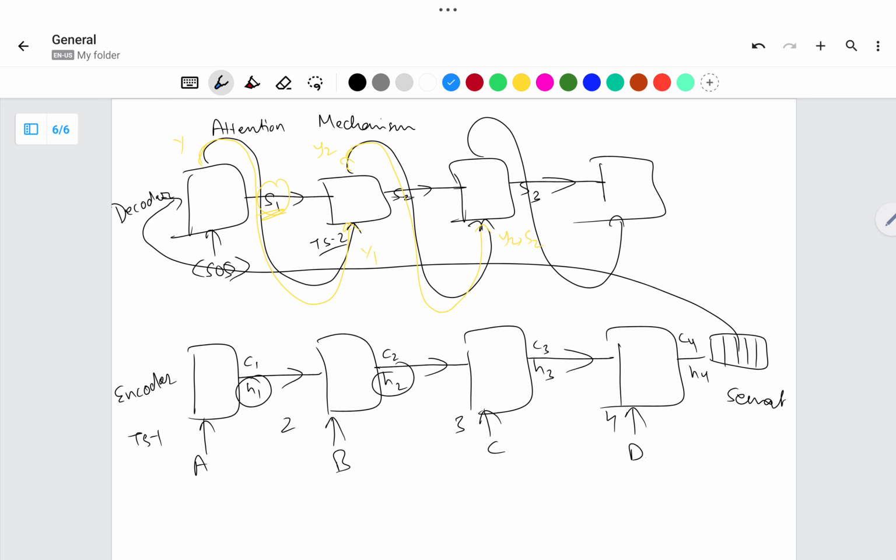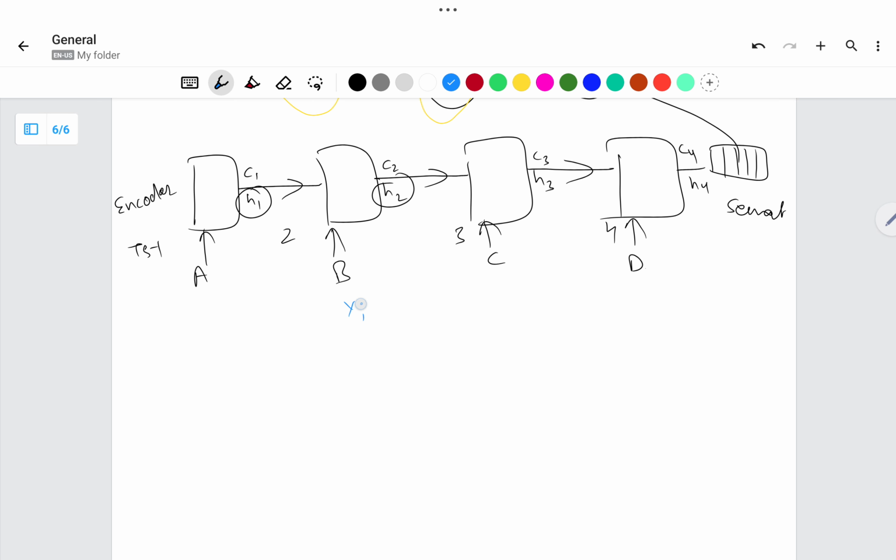What we are doing is we are giving another vector. Let that be Ci in this case. Let that be C2 for time step 2. For 3, let that be C3. For time step 1, let that be C1, and C4. So every time step, along with yt minus 1 and ht minus 1, we are also giving Ct.